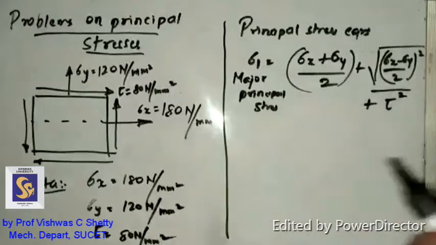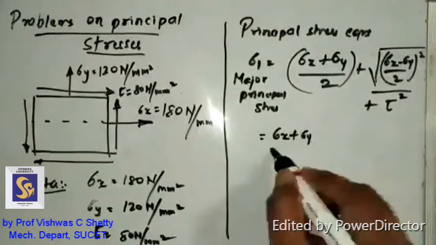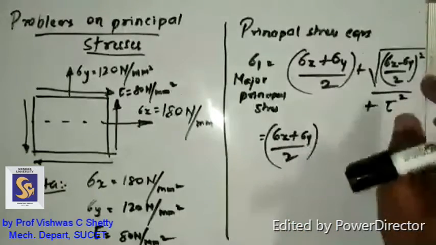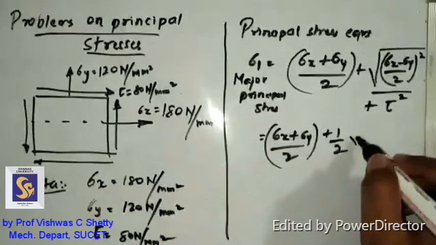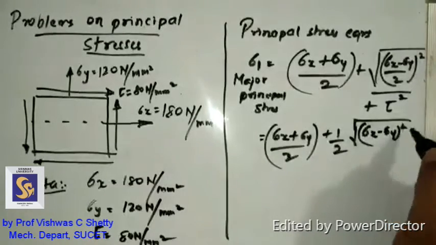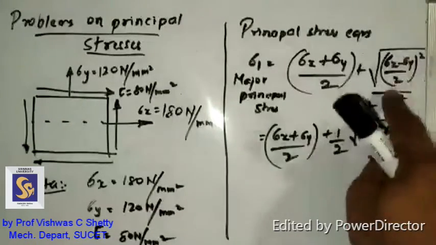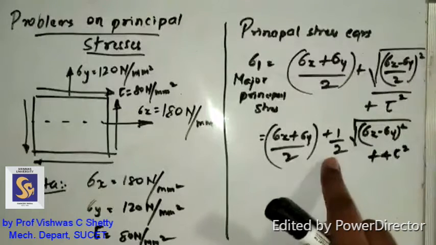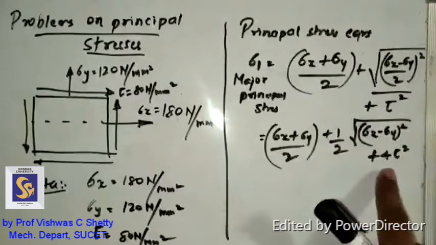So earlier I had written an equation like this. You can take this half outside as common. Then you can simply write sigma x minus sigma y whole square plus 4 times tau square. When half is taken inside the square root, it becomes 4.